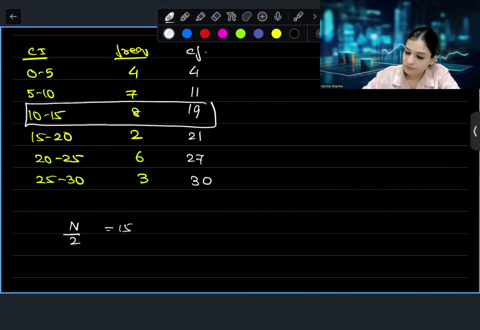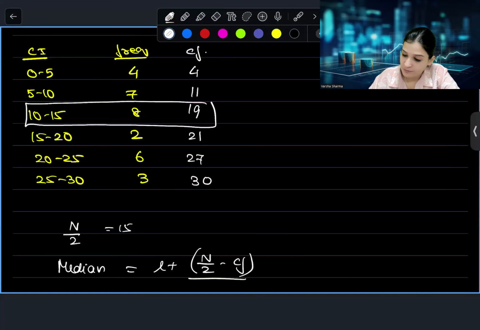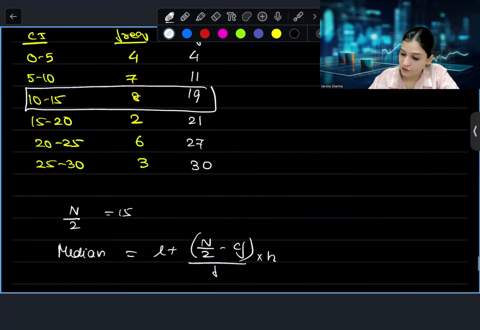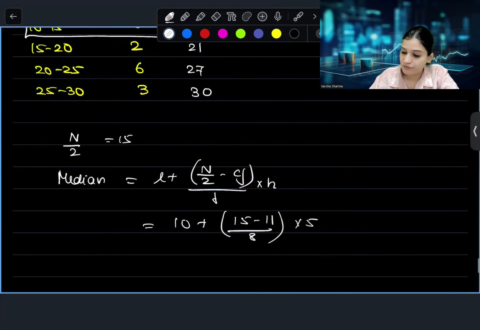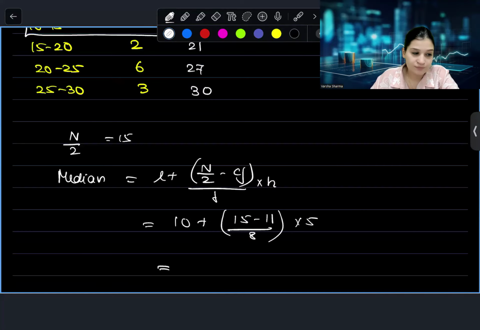So median is L plus n by 2 minus CF by f into h. 10 plus 15 minus previous CF, same frequency, multiply by 5. Answer 12.5.